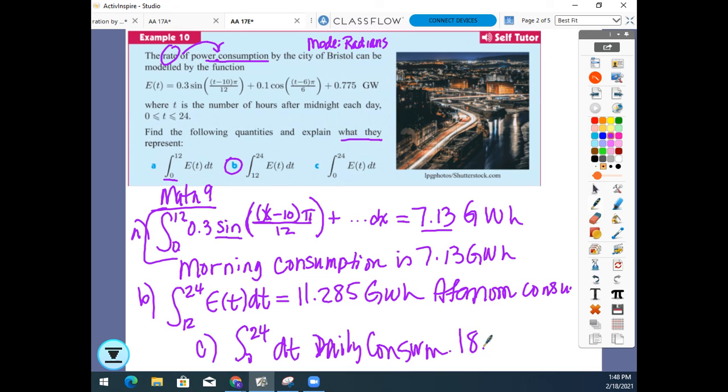And 18.6, this was 0.35 gigawatt hours. All right. So you can either do this or you can just add these two together. But either way, that should be it.